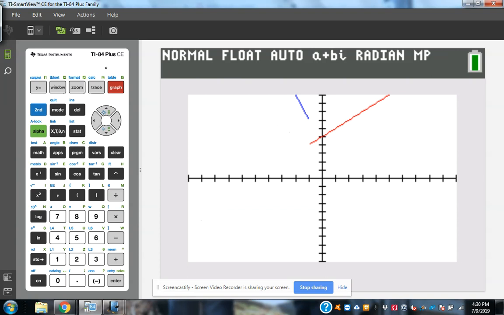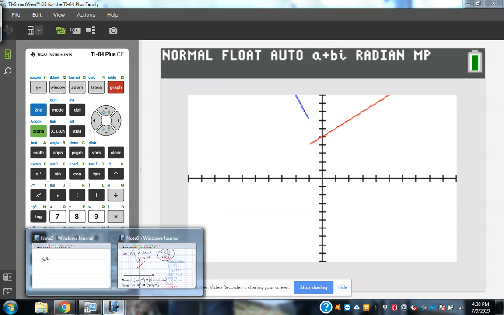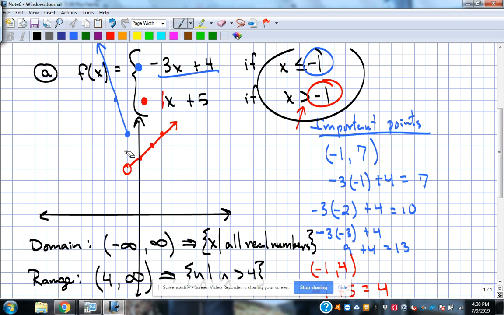There's the other piece that we drew on our graph by hand. The only thing that's hard to see here is the open circles and filled in circles. It doesn't put those there. That's the drawback to drawing it on the calculator. But it does give you an idea: did I get the right picture out of this?